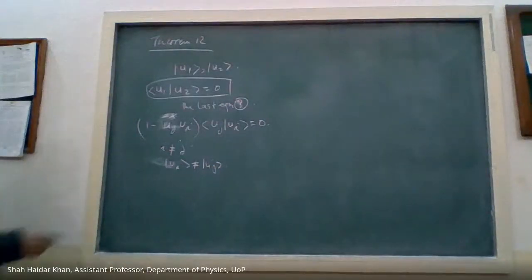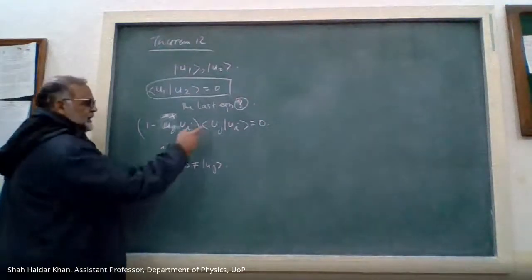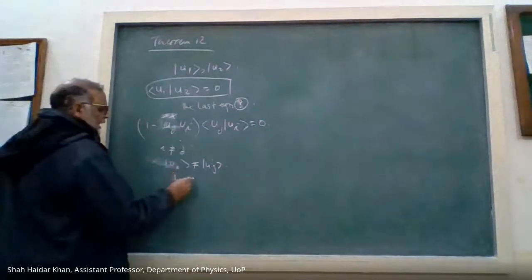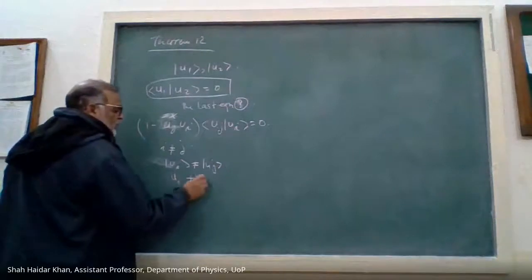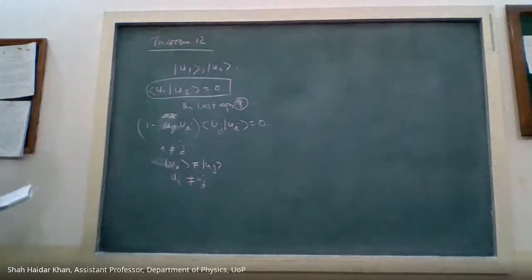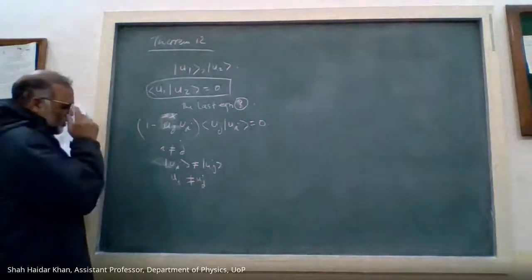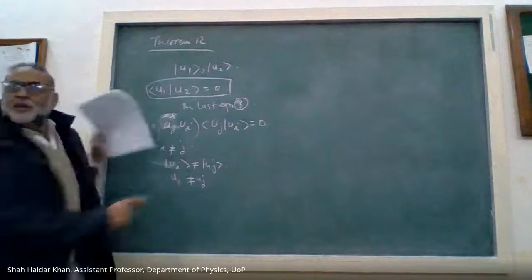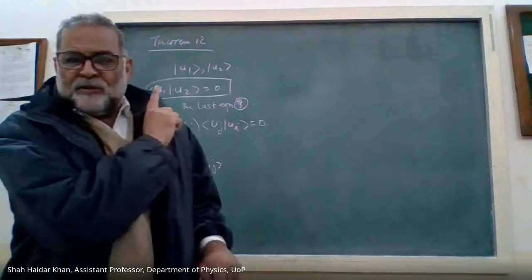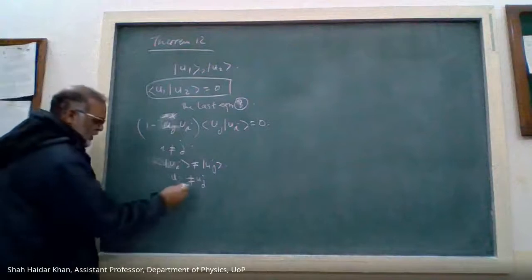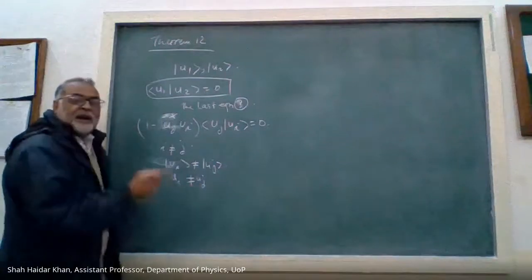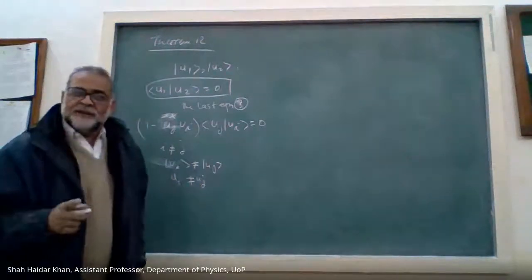When they are different, then the eigenvalue u_i is not equal to u_j. And when they are not equal, from theorem number 11, theorem number 11 says when they are equal, it is equal to 1.